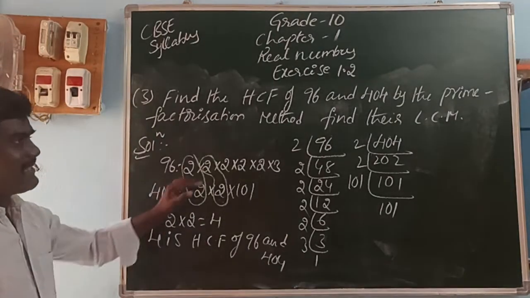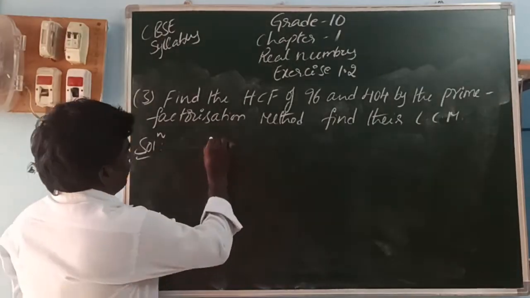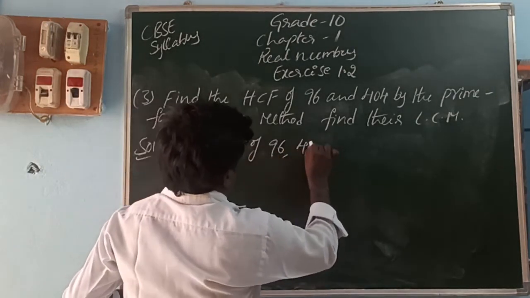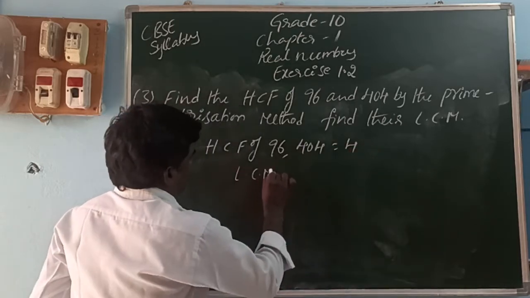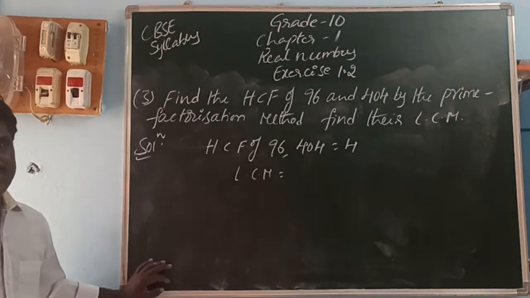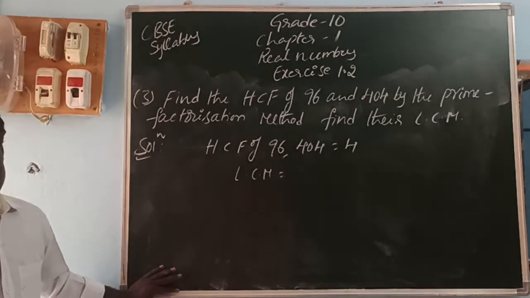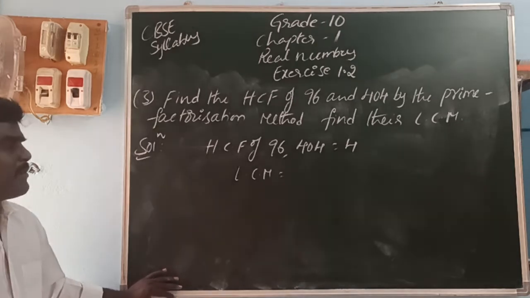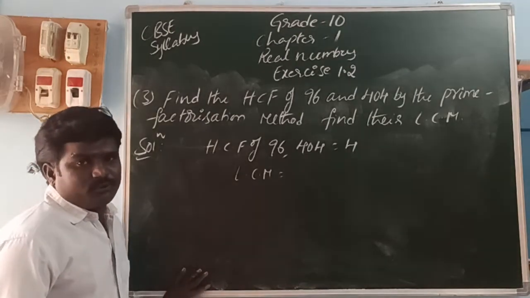So here what are they asking? Find their LCM. The HCF of 96 and 404 is 4. They are asking for the LCM. So how can we find the LCM using the two numbers and the HCF? Here we know that the product of two numbers is equal to the product of their LCM and HCF. So the LCM of two numbers is equal to the product of the two numbers divided by the HCF of the two numbers.